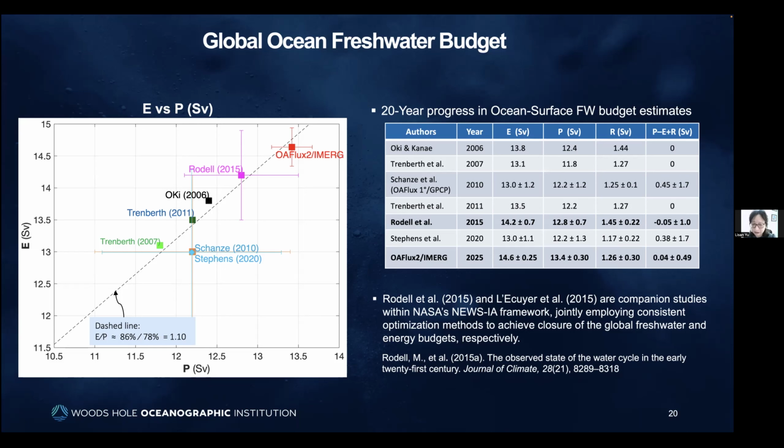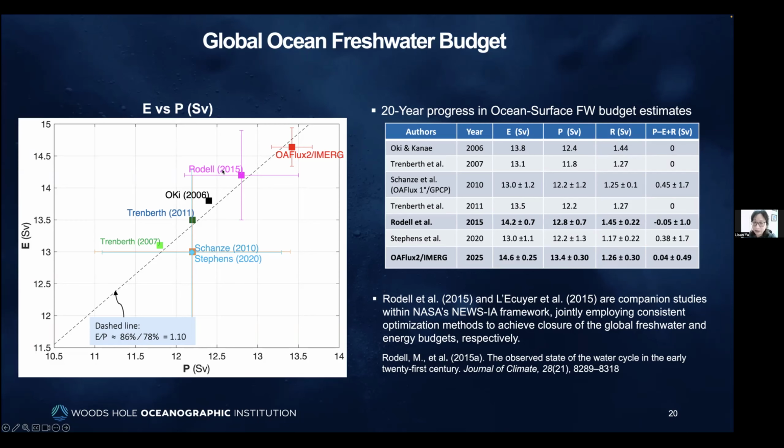The dash line is 1.1, which shows the ratio between E and P, if we account for the ocean's contribution to global evaporation, 86%, and ocean contribution to global precipitation, 77%, which gives 1.1. And you can see all the products line up pretty much on this 1.1 dash line, which shows internal consistency.